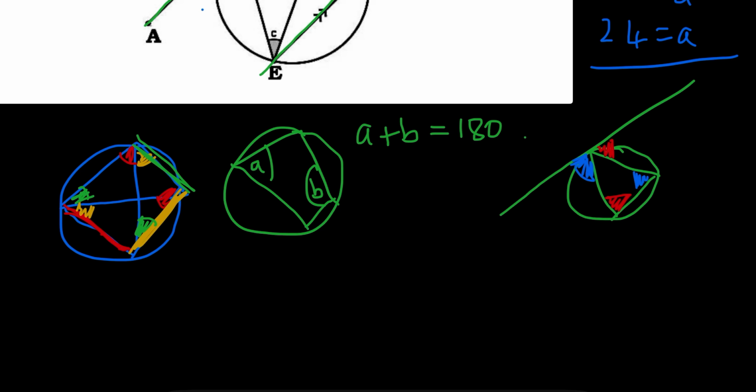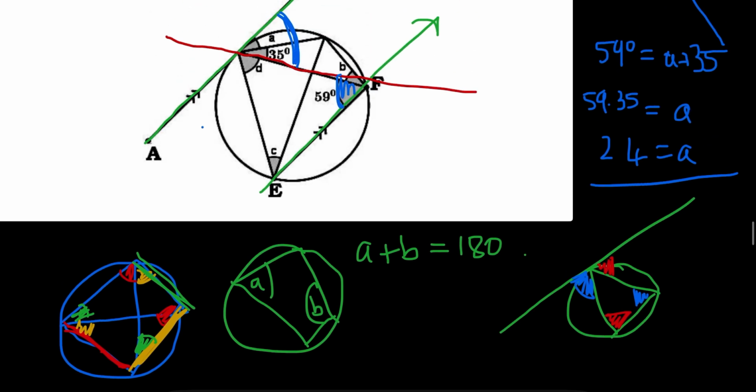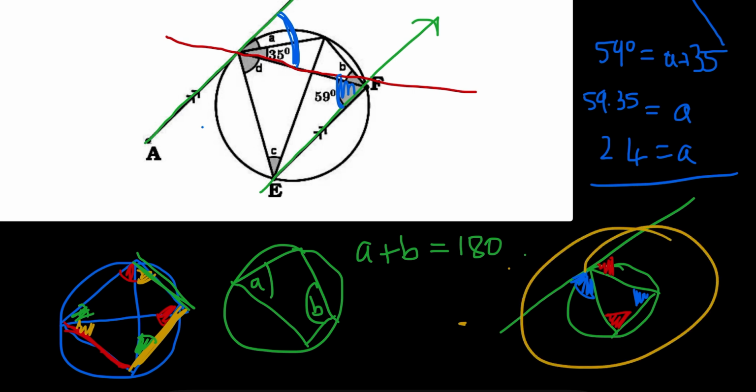Okay, so let's go back to our picture and see what is going to be useful. We already know the value of A, which is great. So now we can use this fact. This angle that's outside can go inside. It's sometimes useful to remember which triangle we're looking at.